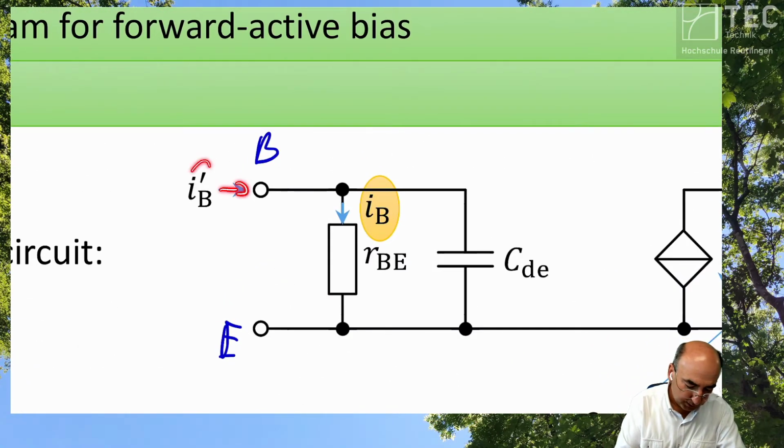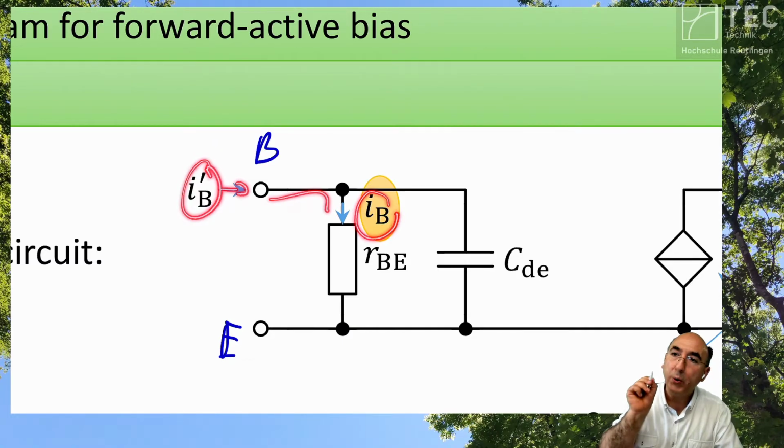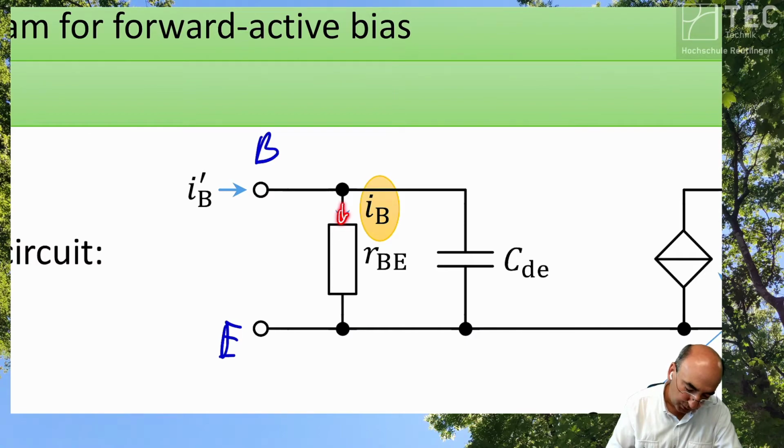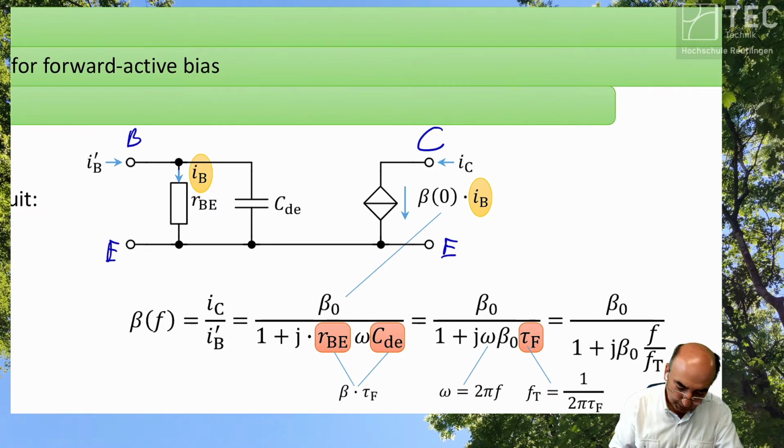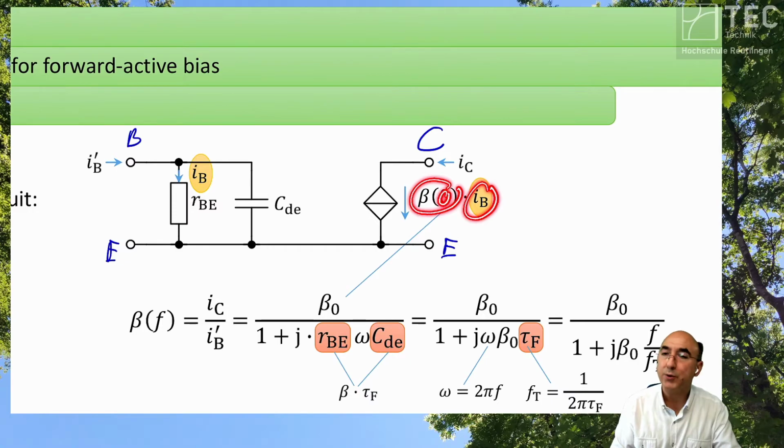You put in a current signal. The signal produces only with this portion of your current a voltage which is multiplied by the beta 0, your nominal current gain. Then you have your current at the output.